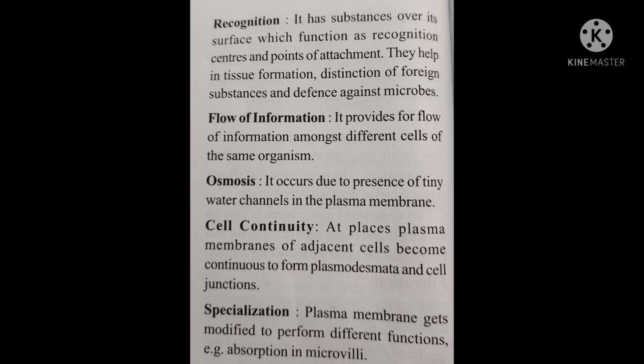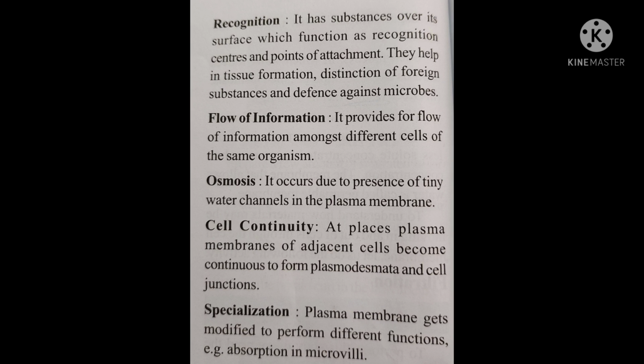Recognition: it has substances on its surface which function as recognition centers and points of attachment. They help in tissue formation, distinction of foreign substances and defense against microbes. Flow of information: it provides for flow of information amongst different cells of the same organism.